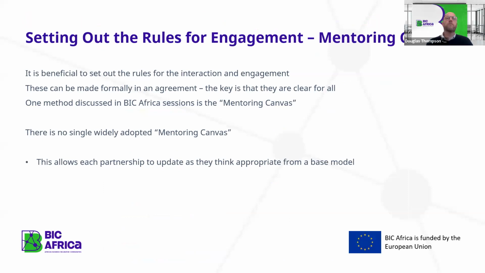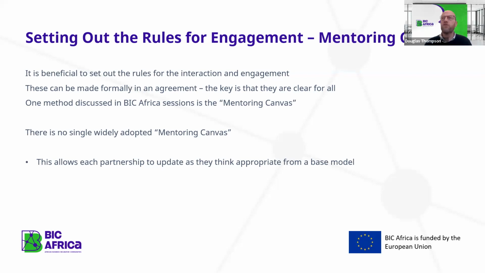One other way of setting out the rules and monitoring is something which is called the mentoring canvas. Actually, in the next session, we'll be talking about the business model canvas. People know this very well, but that will be the next session. Here we're talking about a mentoring canvas, and we'll show you what we mean by it.